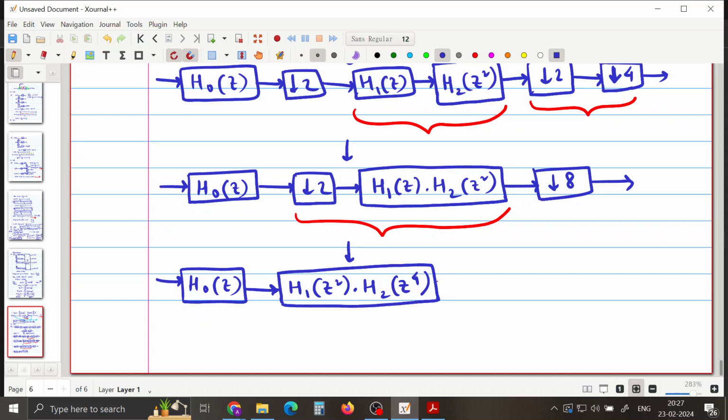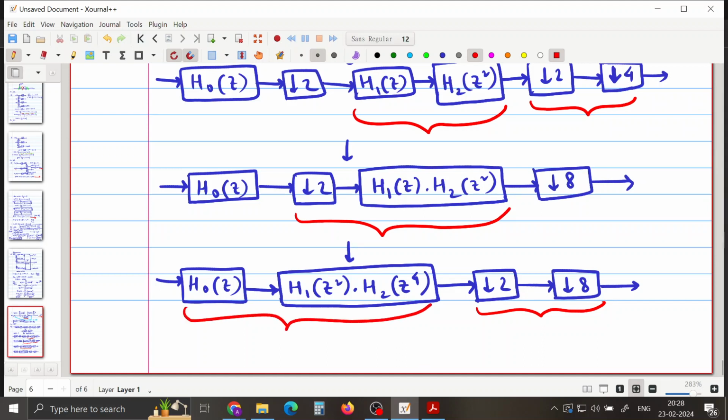And now this downsampler goes to the right, and we have this last downsampler here. Almost done. We can now again similarly group these two downsamplers together and group these two filters in cascade together. Basically, we'll multiply them.